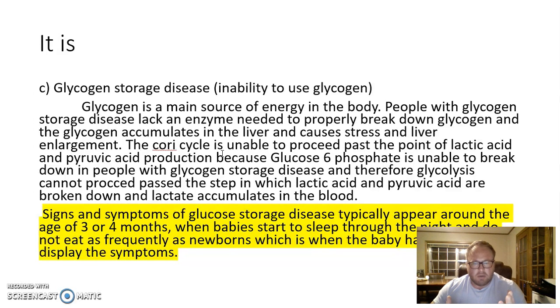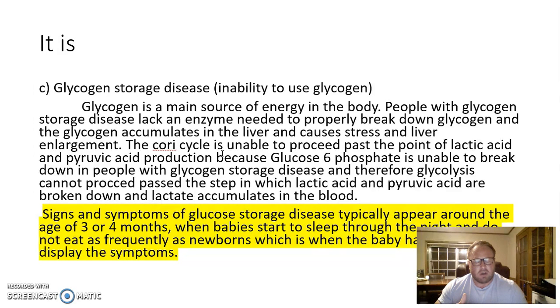Obviously, during the Cori cycle, the process is not able to proceed past the step where glucose 6-phosphate is made, and right before glucose 6-phosphate, the previous steps were the production of pyruvic acid and lactic acid.